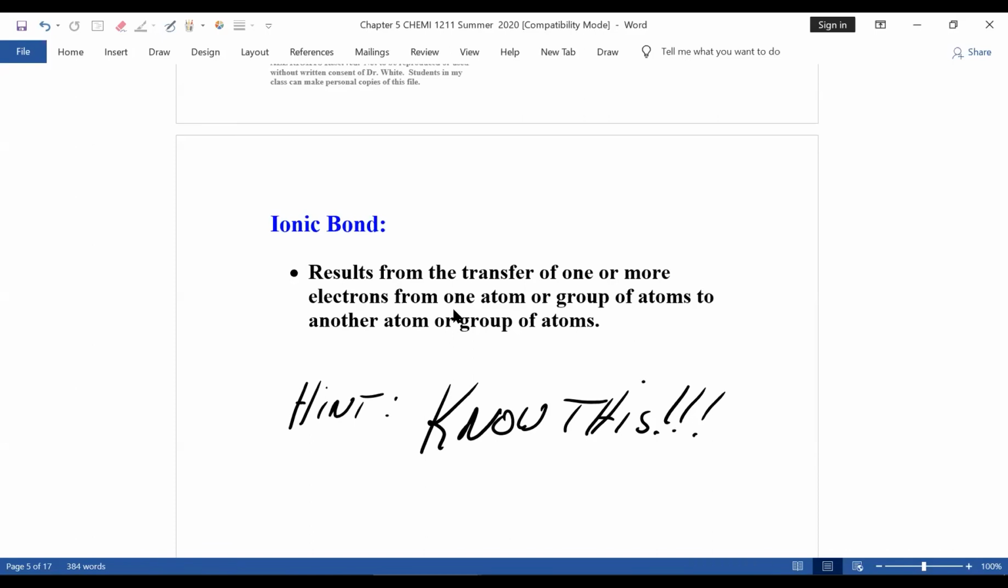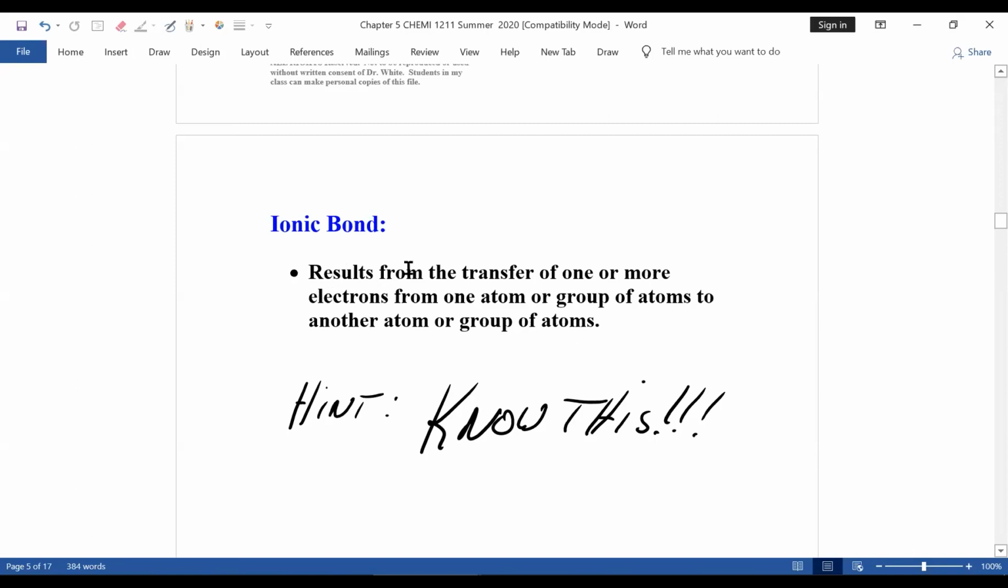Hint, know this. What is an ionic bond? The ionic bond is the transfer of one or more electrons from one atom or group of atoms to another atom or group of atoms. You should know this for test 2.